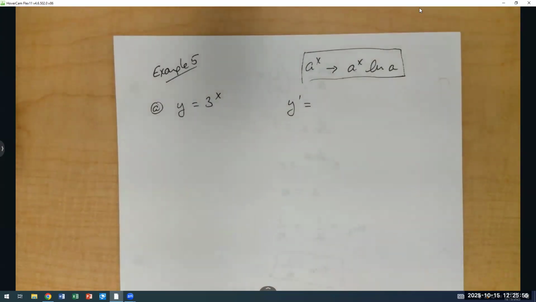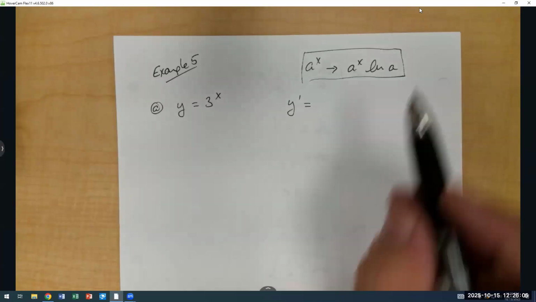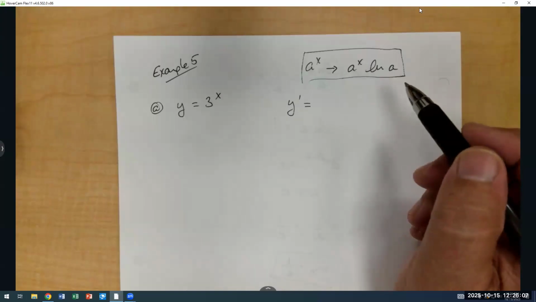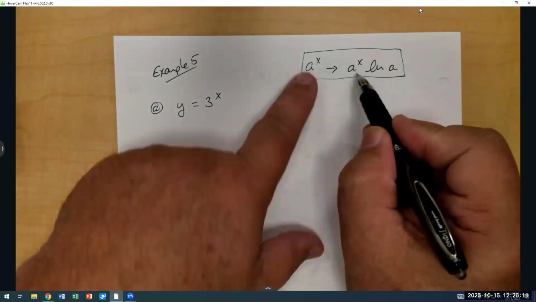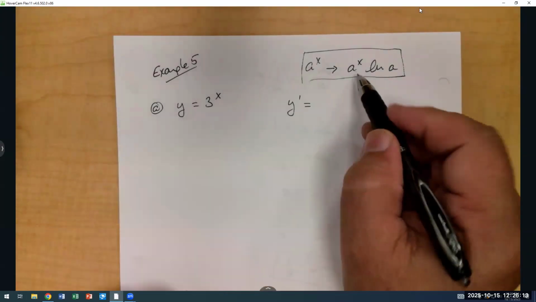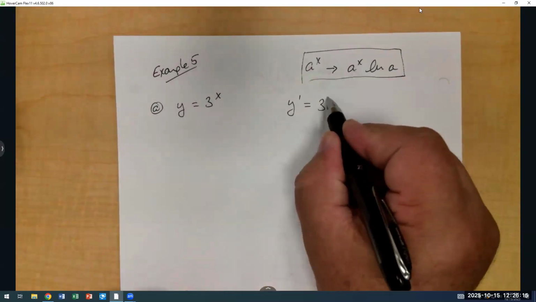That'd be pretty boring if it was just 3x. So if I start off with this one, I still have 3 to the power x.